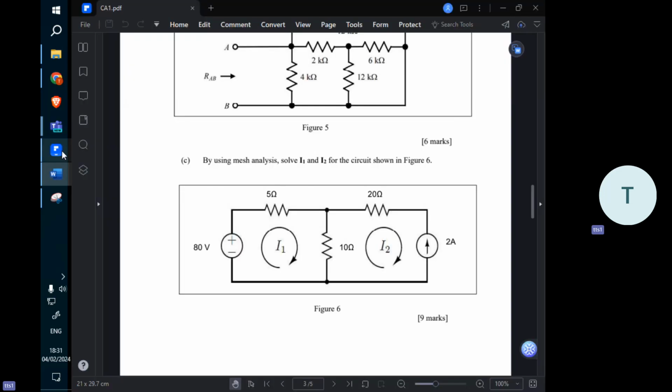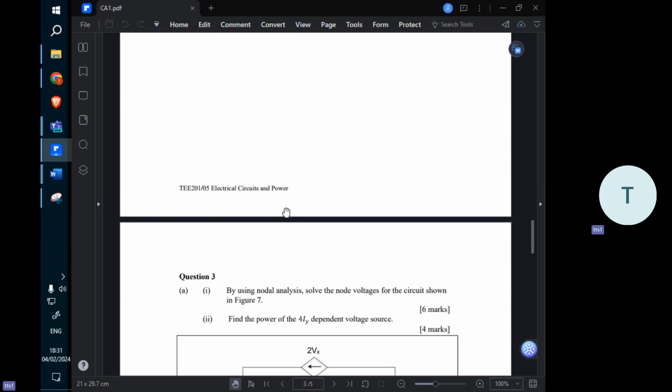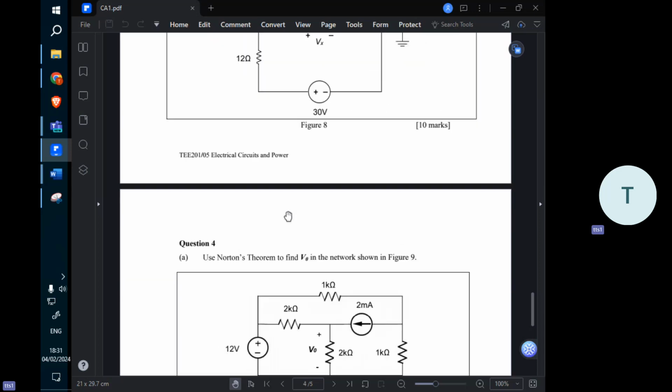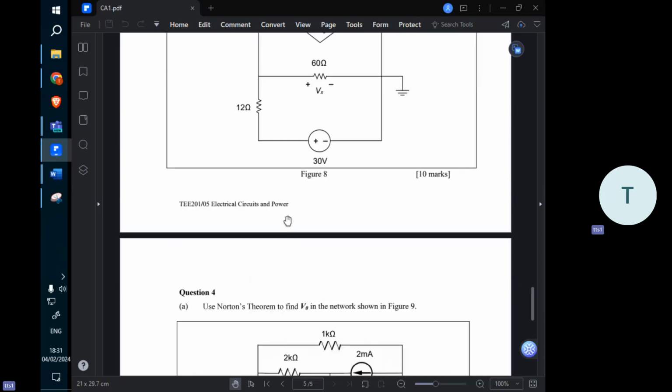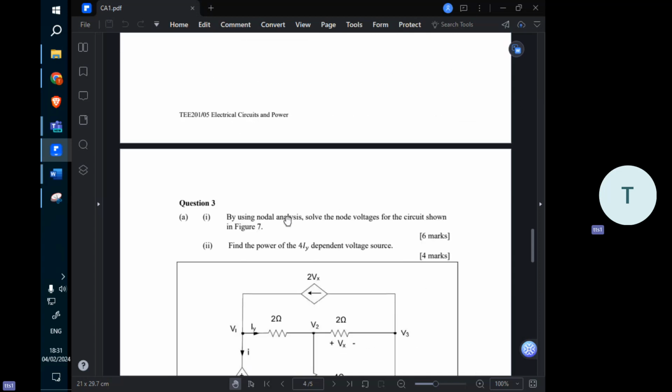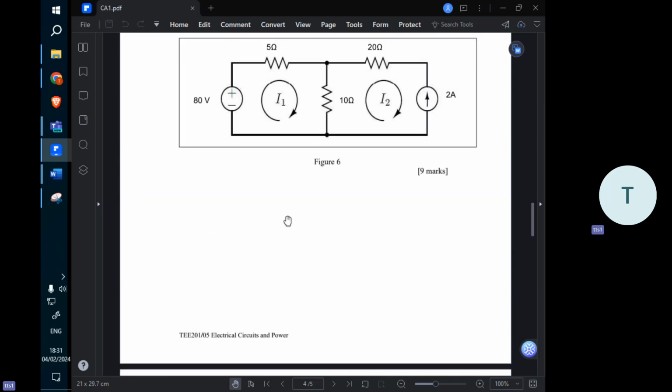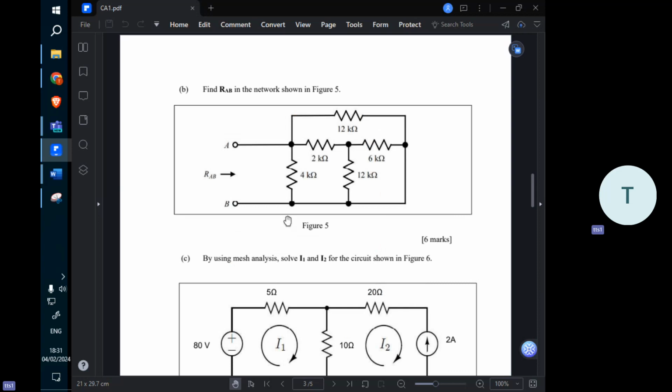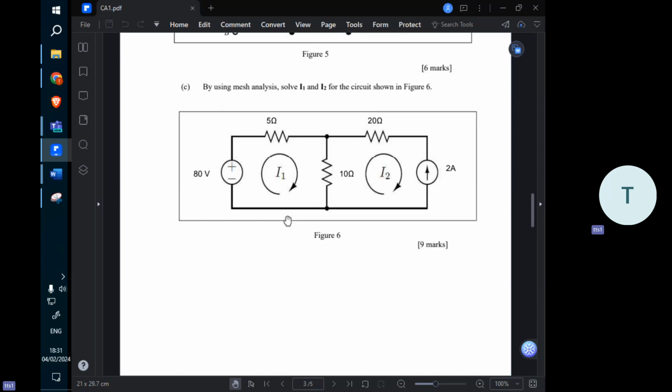Then how many questions do we have to go? We have question 3 and question 4. I try to get it done within the next one and a half hours. But right now let's look at this question first.